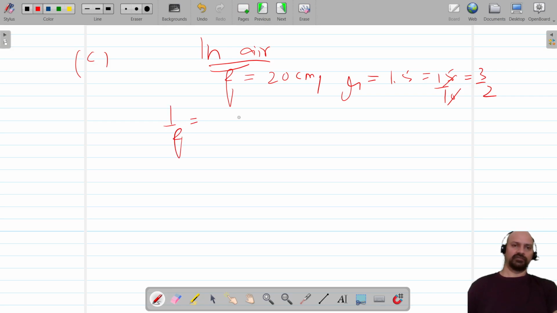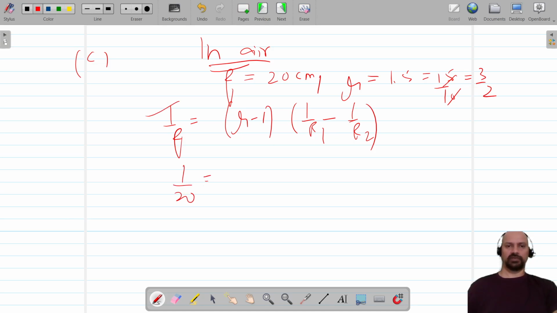Now 1 by f is equal to (nu minus 1) into (1/r1 minus 1/r2). Let's keep it in centimeter.